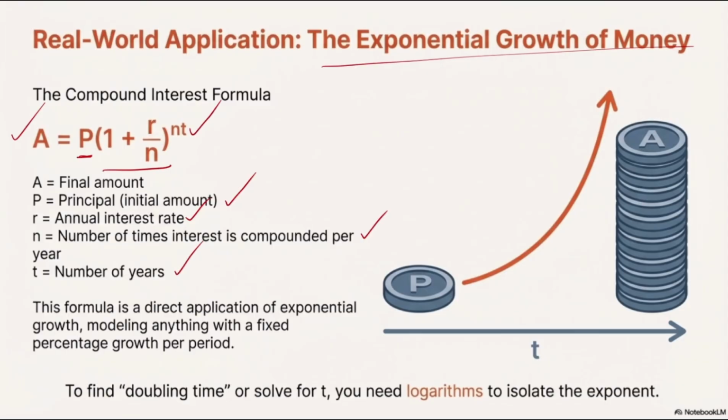So this is a formula. You don't have to worry about memorizing it. This is just a formula that shows how we can use exponential function growth. This formula is the direct application of exponential growth modeling, and anything with a fixed percentage growth per period. It means that at the beginning, I do have my P as the initial value.